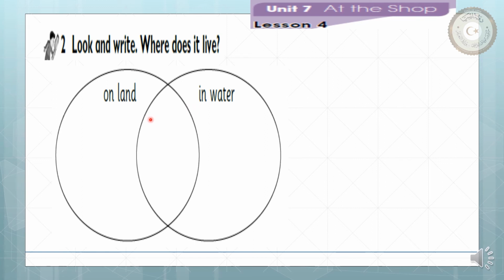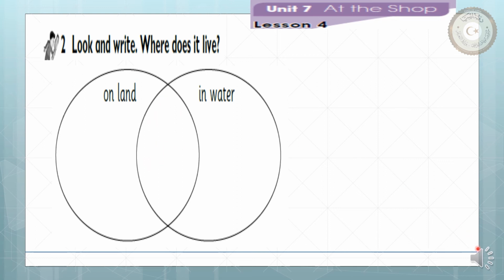Remember, some animals can walk on land and swim in the water. These animals should be written, their names, here in the middle. If they can walk on land and swim in water, write their names here in the middle.